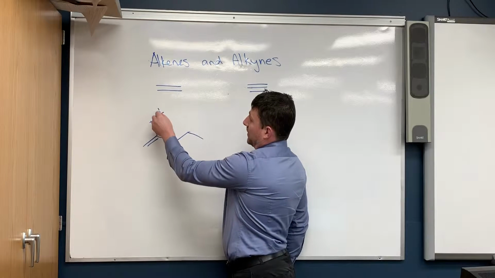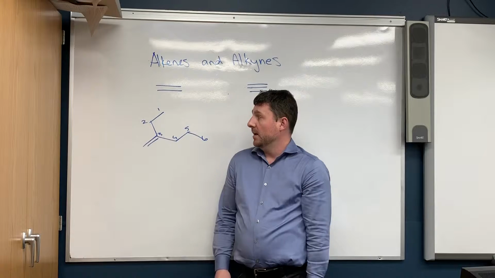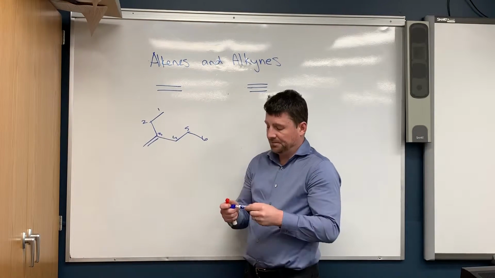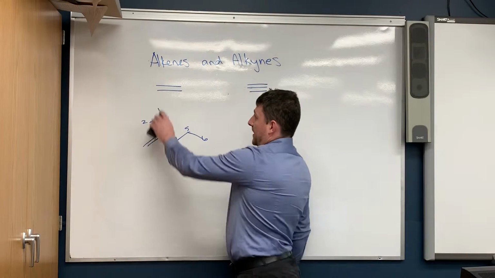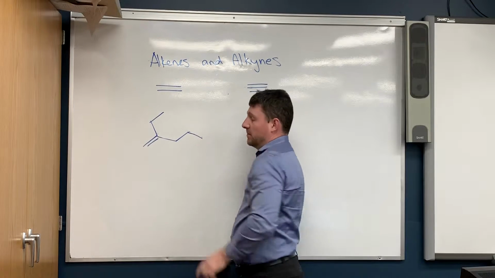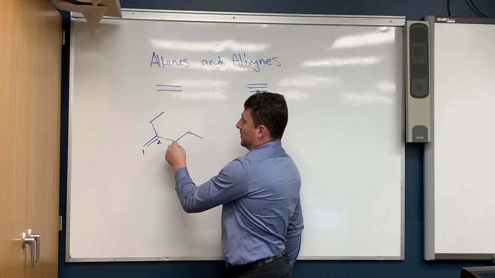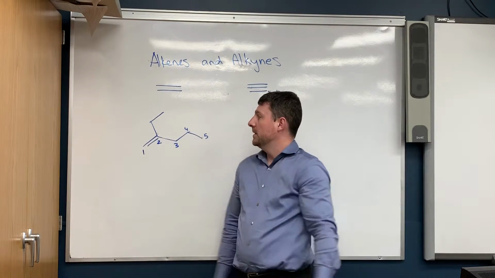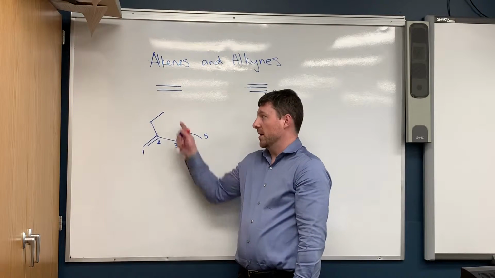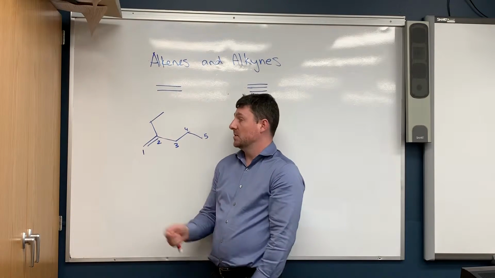So if I were to number 1, 2, 3, 4, 5, 6, this, of course, does not include the double bond, so I can't number it like that. So what I have to do is make sure that I'm including the double bond as part of my main chain. So this would be 1, 2, 3, 4, 5. So it's only going to be a 5-carbon long main chain, not a 6-carbon long main chain. We're going for the longest chain that includes the double bond.